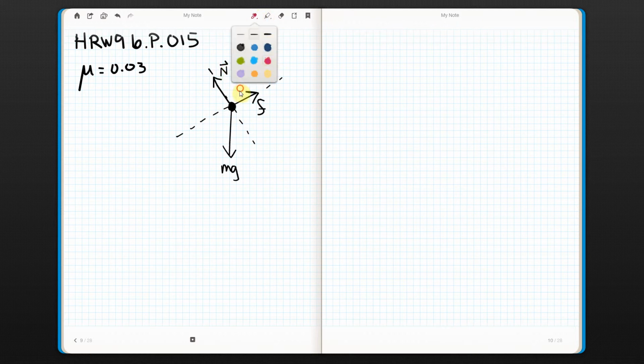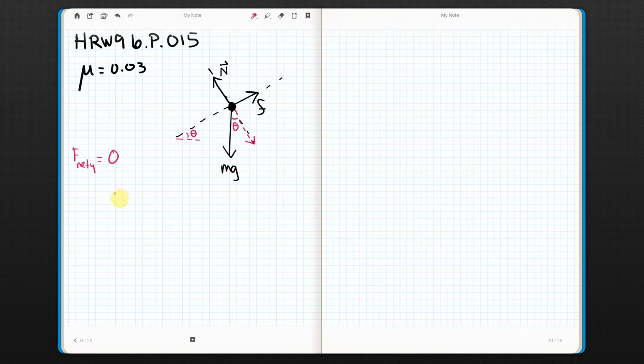Basically, I know that the normal force and the part of gravity that's pushing the eggs into the pan, those have to equal out, because I know that the net force in the y direction has to equal 0.